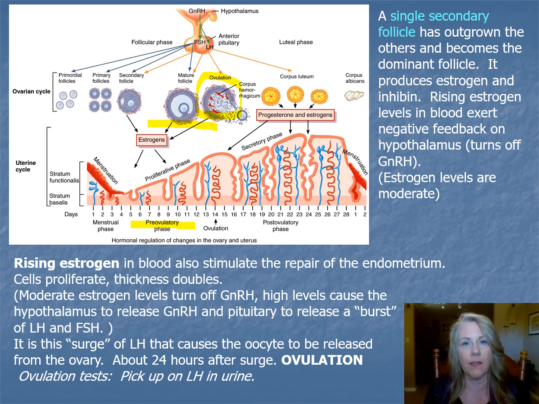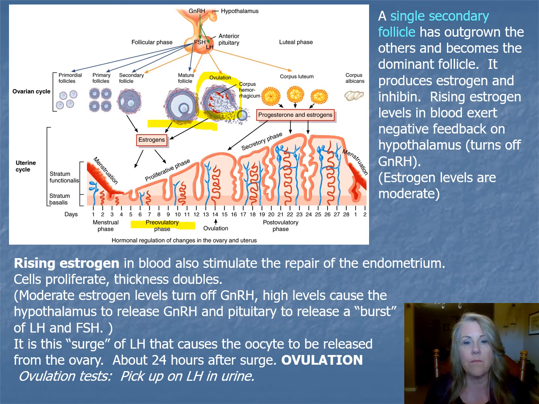I said we learned about what the estrogen did, but what the inhibin does is it attempts to prevent other follicles from getting any bigger. So even though FSH and LH are still bathing the ovary, the inhibin is keeping all the others from developing very quickly.